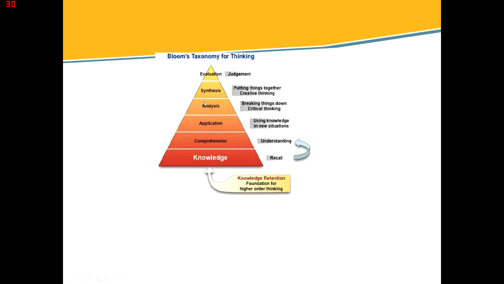So once you really know a text and you really understand the concepts, that's when you can branch it out into new areas. That's what the synthesis is. And then at the very end is evaluation, where you're able to make judgments based on basically the whole table. So evaluation is the pinnacle, followed by synthesis and analysis and critical thinking.